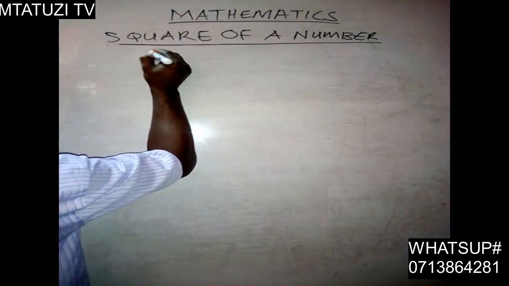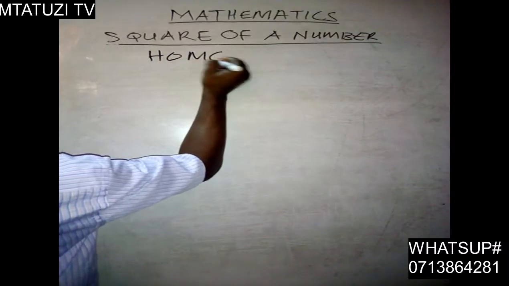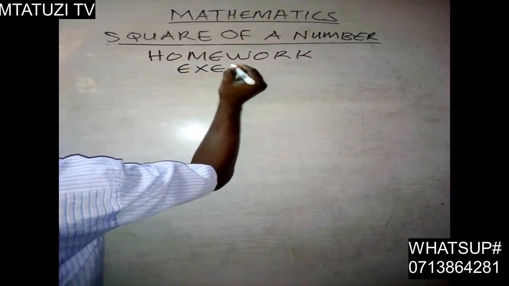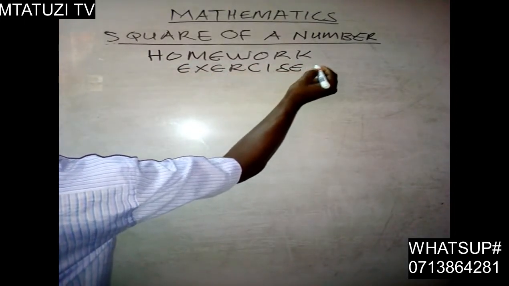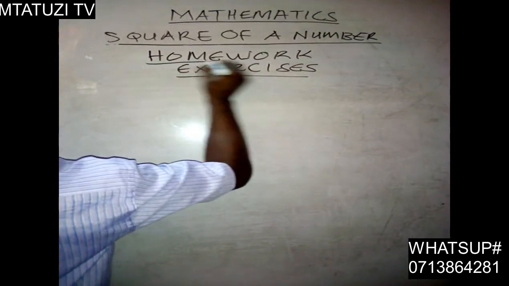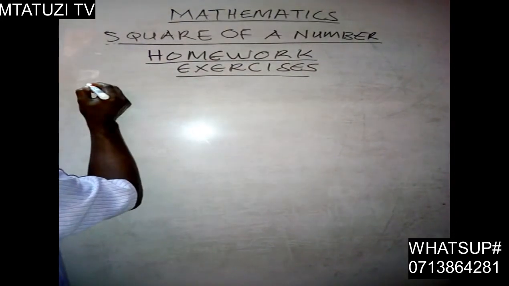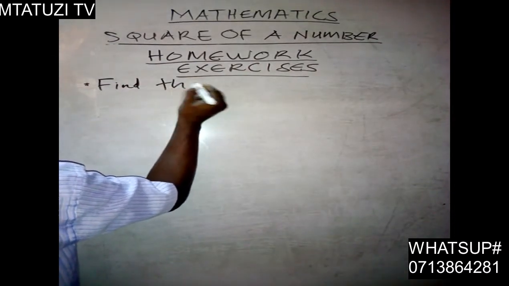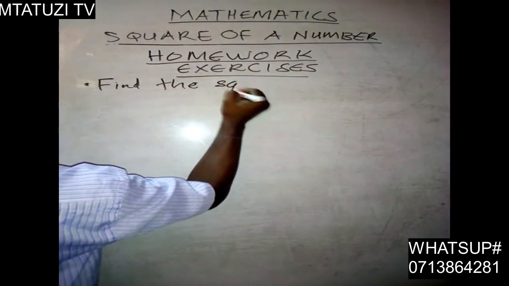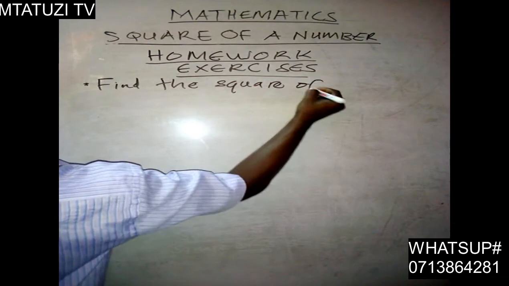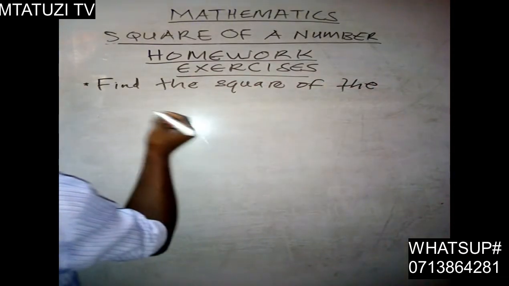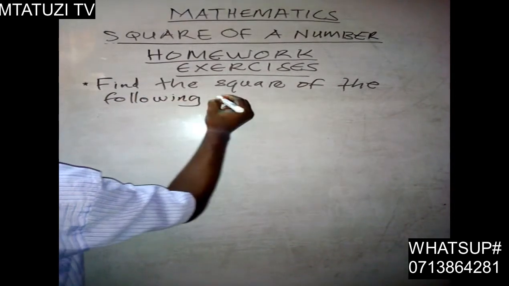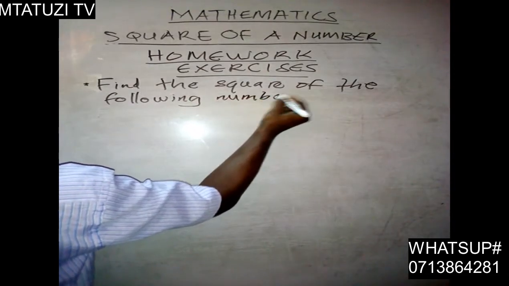Homework exercise. The question you are given says: find the square of the following numbers.